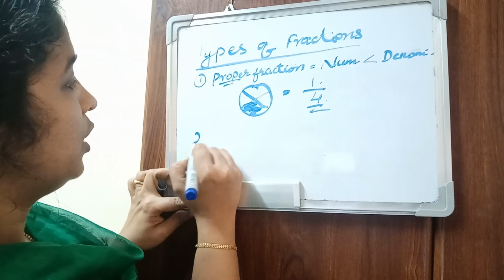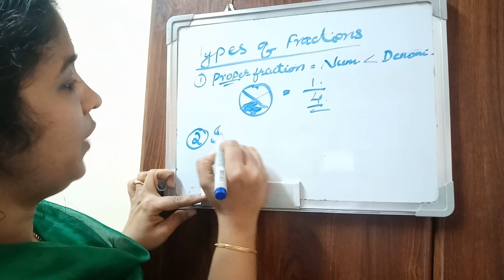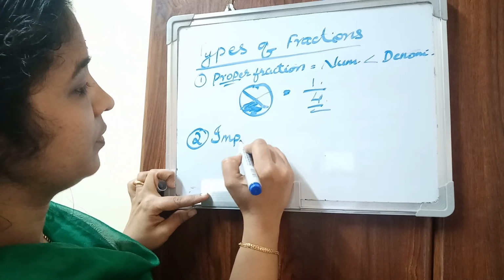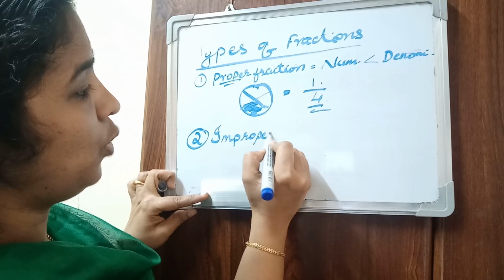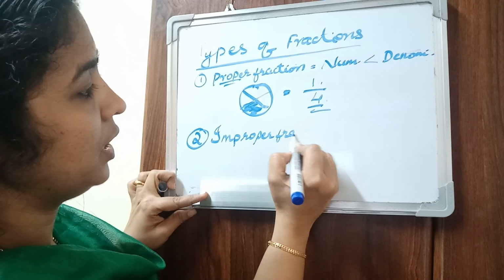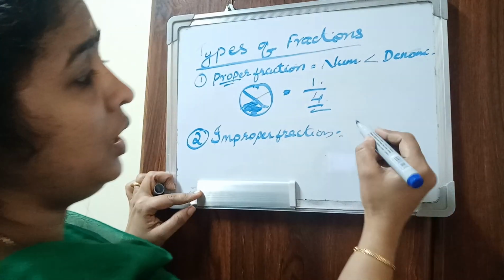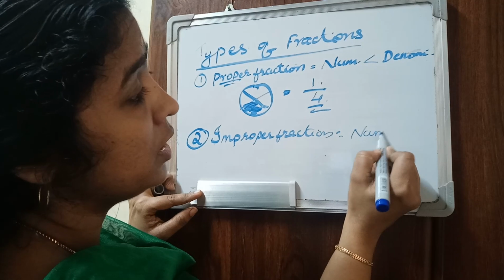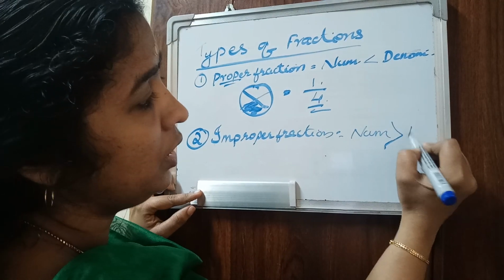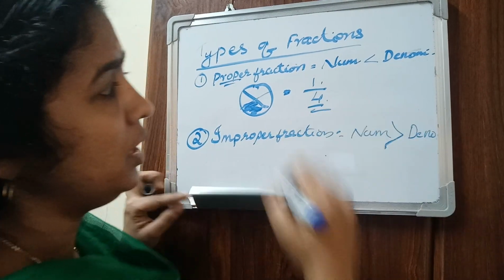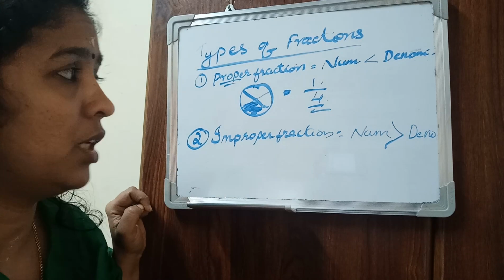Next one is improper fraction. The reverse of that: when the numerator is greater than the denominator, it is an improper fraction.